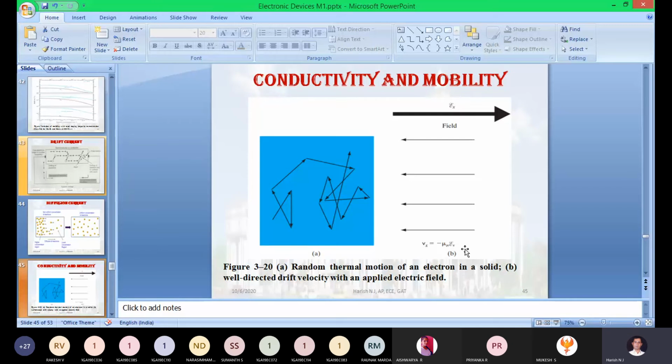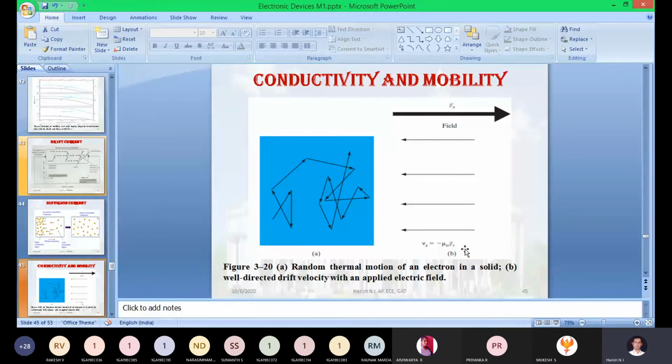So one thing we got to know: when I apply an electric field, I can drive all the electrons to some particular direction. At the same time, let us take a piece of semiconductor. In that piece, somewhere around 40,000 electrons are there, all having some initial kinetic energy. Due to that kinetic energy, they randomly move in the same box.